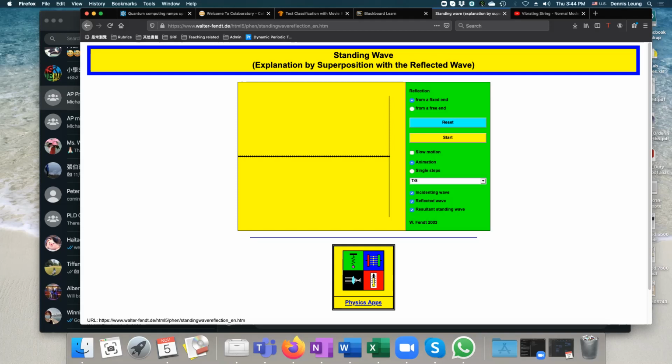At the beginning, there's nothing. So you can set various parameters. For example, it can be a reflection from a fixed end. So the idea is we are sending a wave from the left to the right.